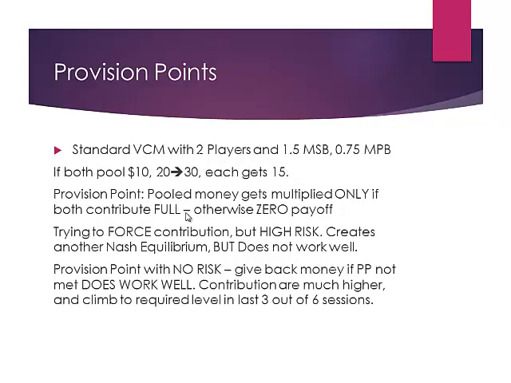So the second methodology, which might work in large groups, is called the provision points, which we have made an experiment on. So here, consider a VCM, voluntary contribution mechanism, with 2 players. Both people have 10 points.